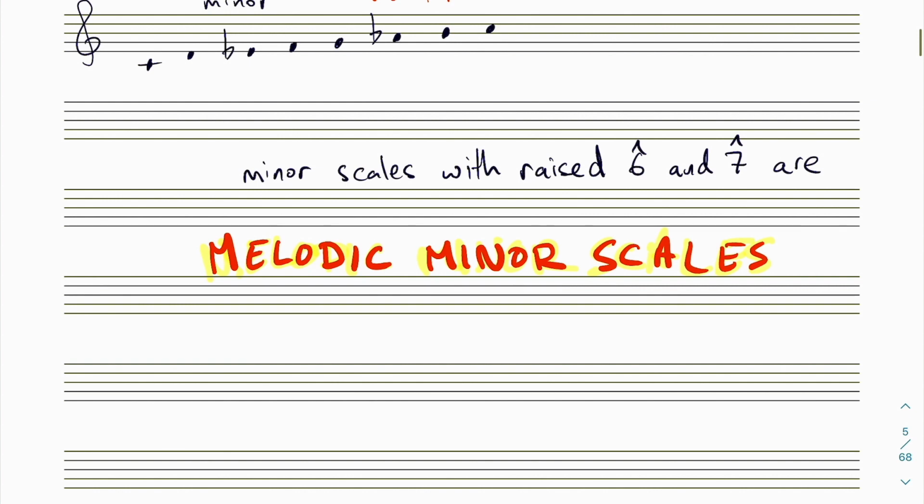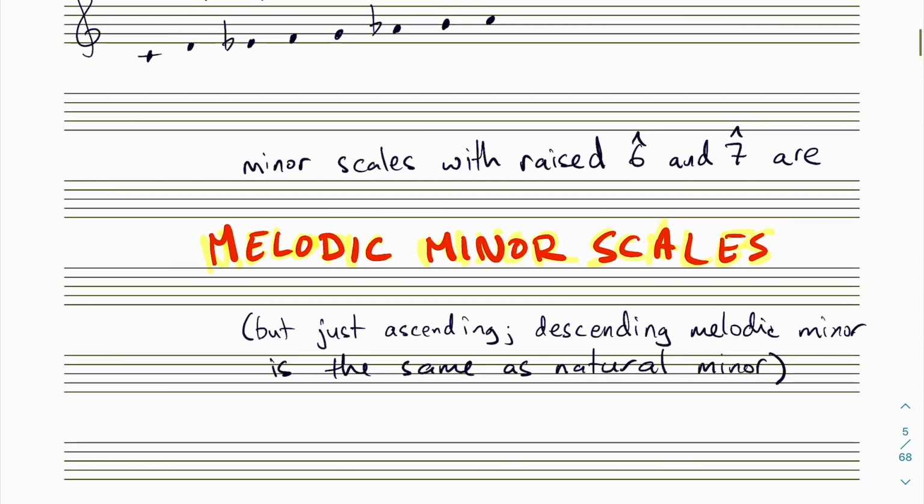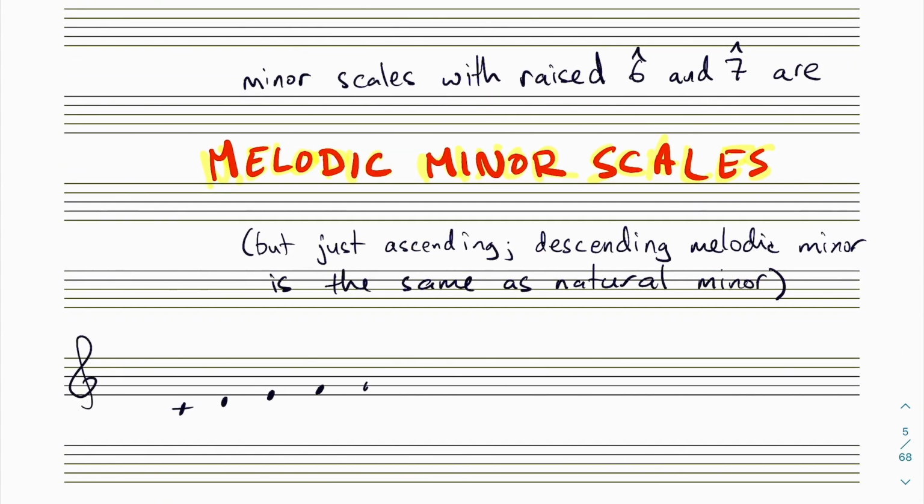Now the melodic minor scale is a little bit weird because the word melodic indicates it's for melodies. So what we actually do when we think of a melodic minor scale is we think of it as something that has a raised 6 and 7 going up and then a lowered 6 and 7 coming down.